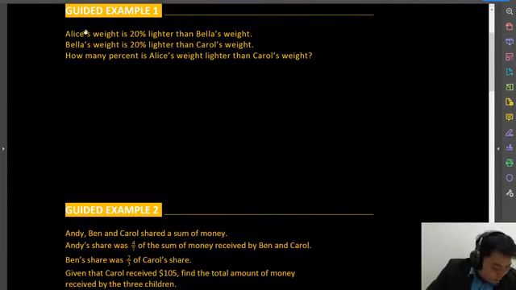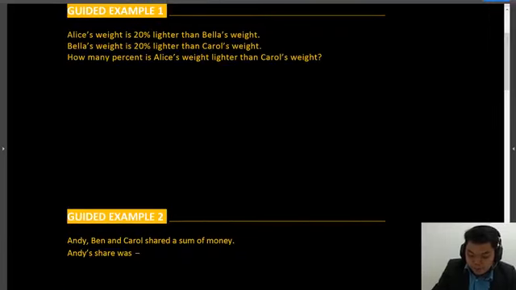Okay, so here, let me just shout out back to everyone. Okay, right, so Alice's weight is 20% lighter than Bella's weight, and Bella's weight is 20% lighter than Carol's weight. So over here, think of it this way.